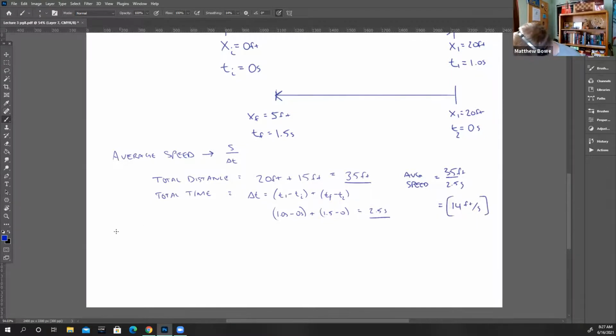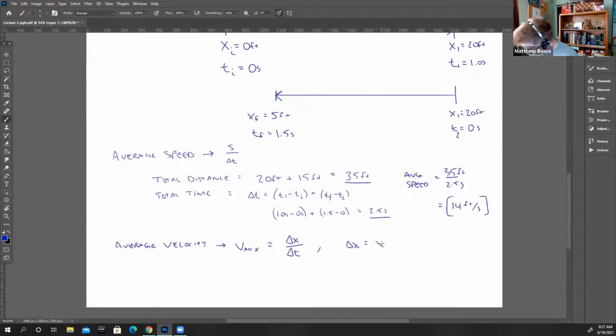Okay, moving on to average velocity. That is v average in just the x direction is delta x over delta t. I'm just going to put it over here. Delta x is, I don't need to do the intermediate steps.